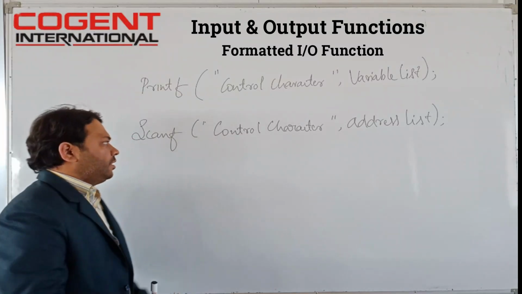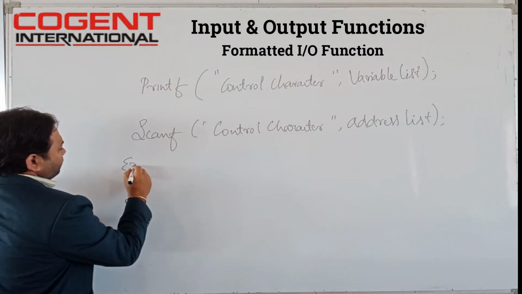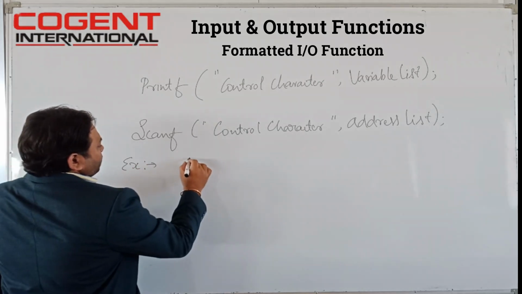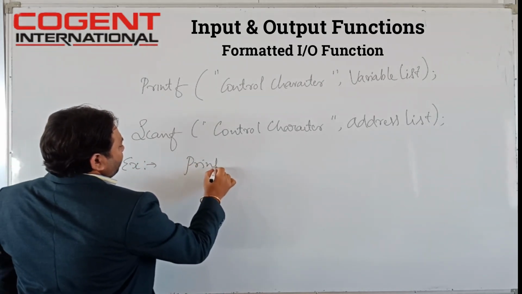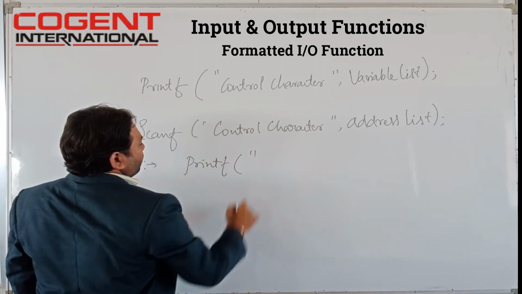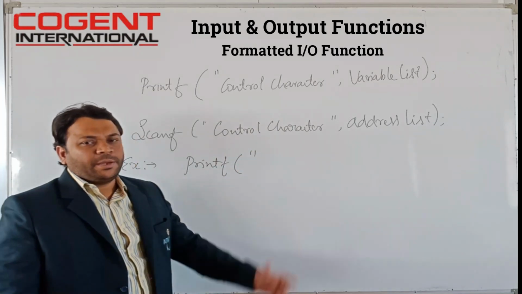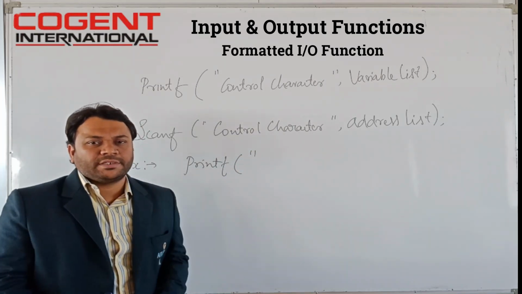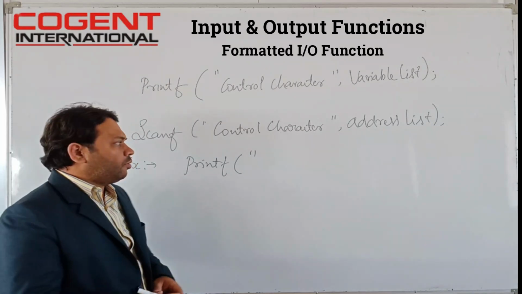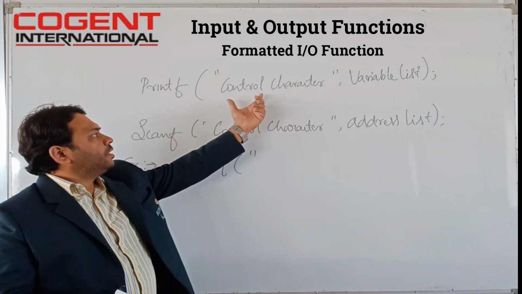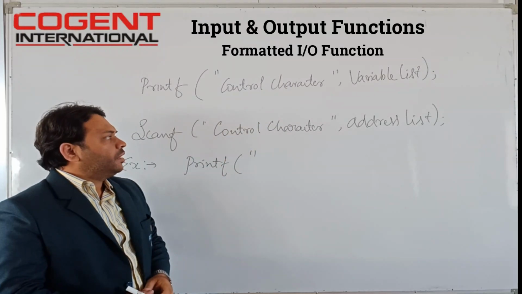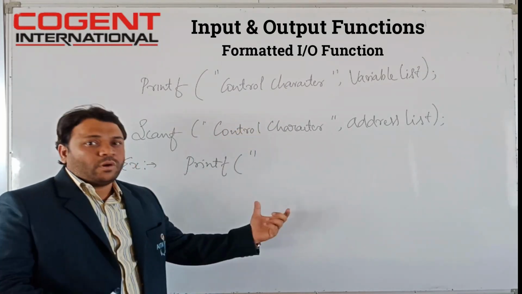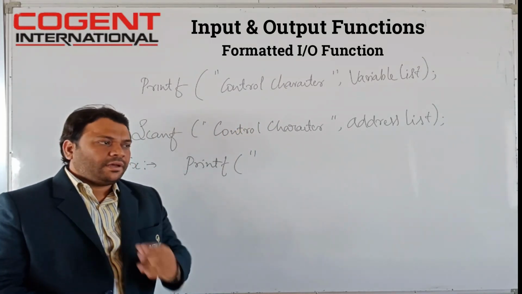First I will consider the printf example. I would like to print the C programming onto the standard output device, onto the monitor here. So what I will do, I'll use the control character, that is the text I want to display here. What is the text I want to display?